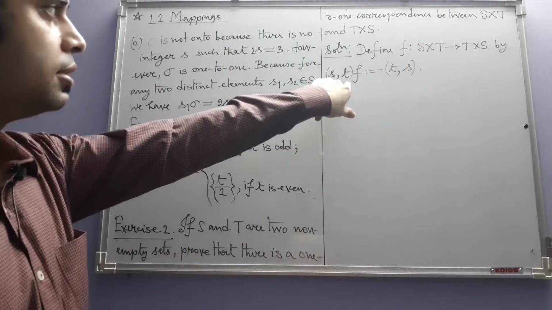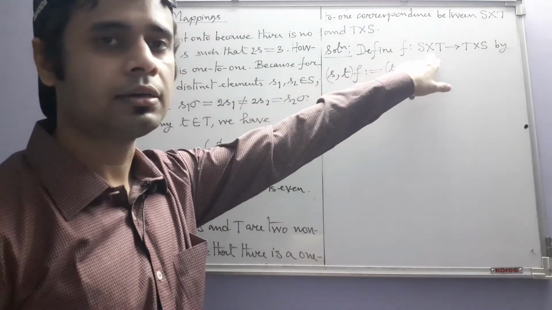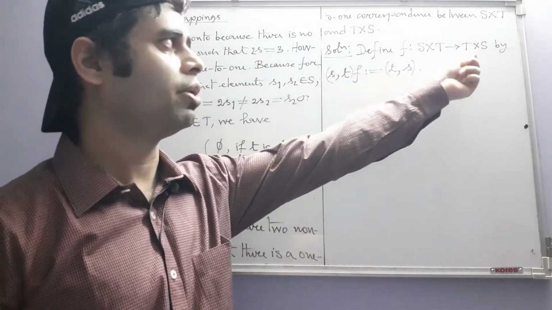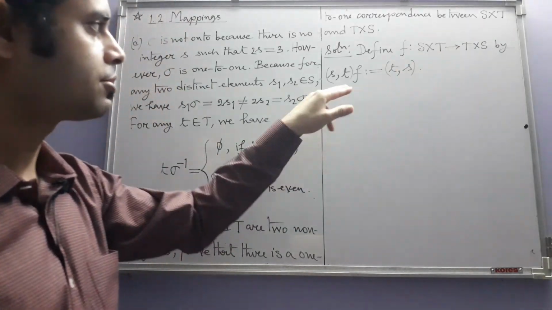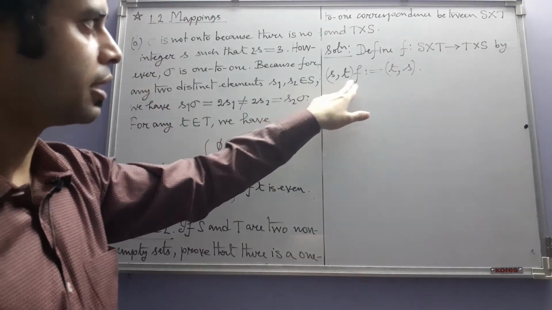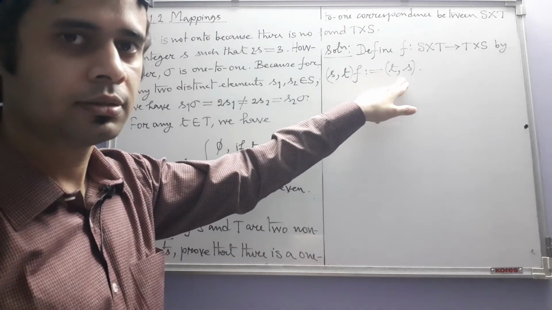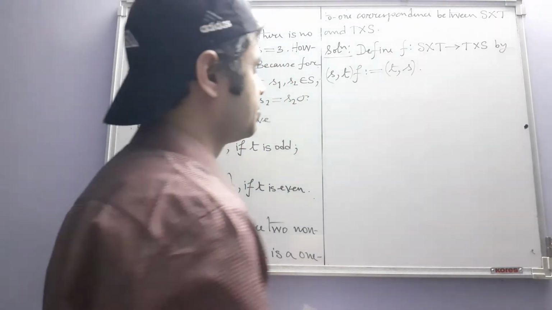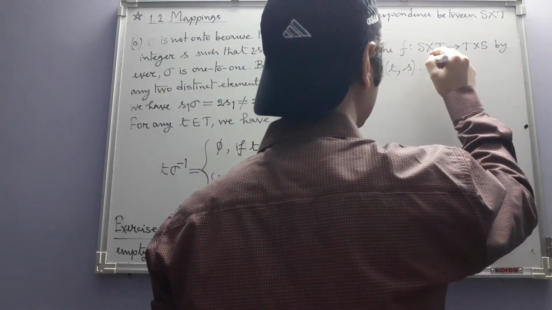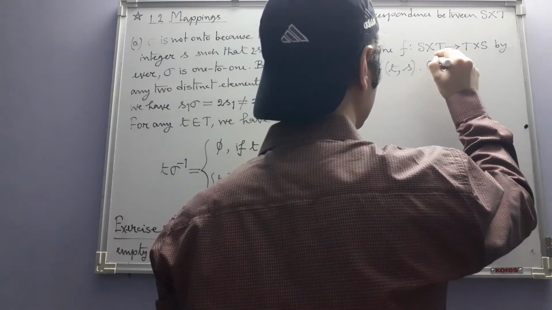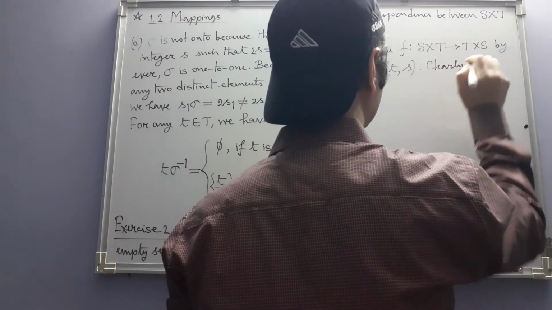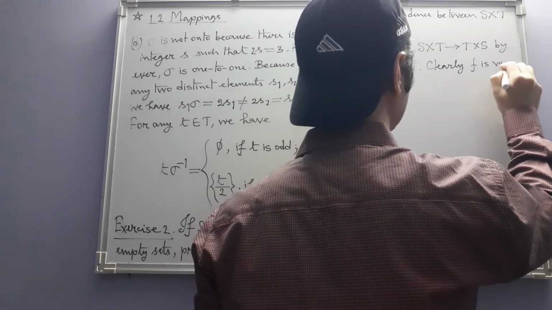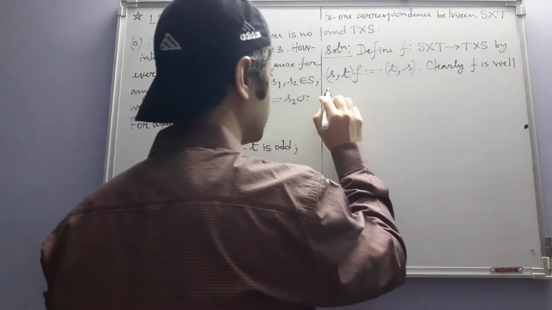So that means this is an ordered pair here. S is coming from S and T is coming from T, so this will belong to T cross S. Also, for this given ordered pair, the image is unique. There is only one such image. So this function is well defined. Clearly, f is well defined.